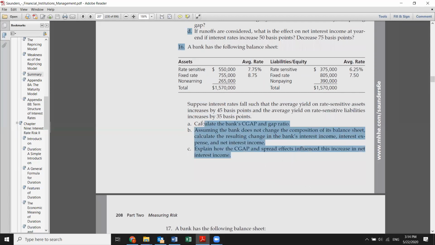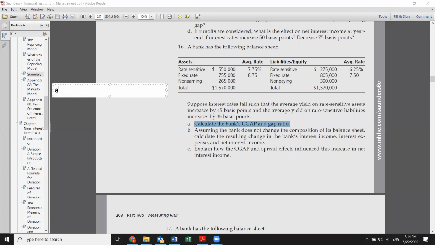First, calculate the bank's cumulative gap and the gap ratio. We need to calculate the cumulative gap and gap ratio. The gap is rate sensitive asset minus rate sensitive liability. It's just straightforward.